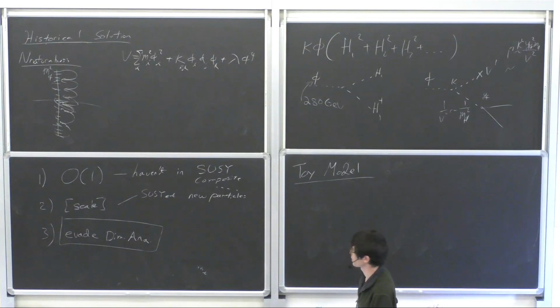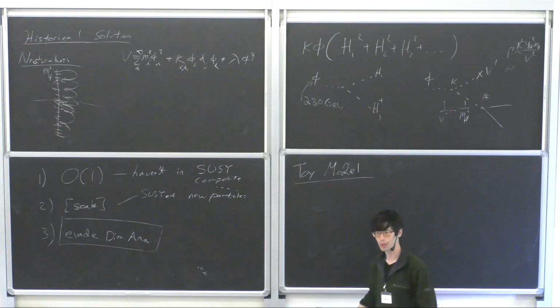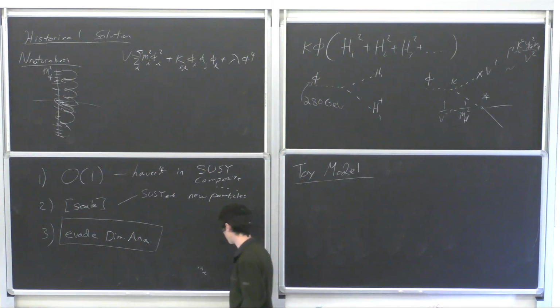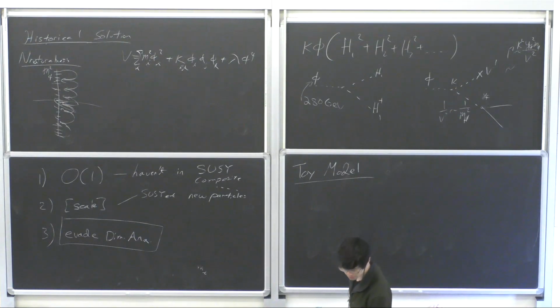It is wrong because I'm going to be giving counterexamples, but this is part of the reason why people think they know what the order 1 number is. Well, maybe the reason why they think they know the order 1 number is because they know it in SUSY. Let me just repeat the argument that is often given so we know what to beat, right? You need to know your enemy before you can find a counterexample.